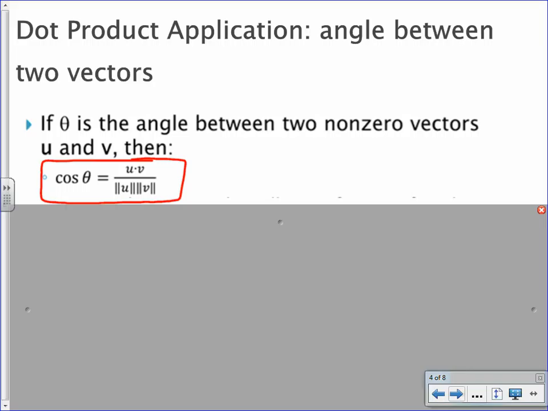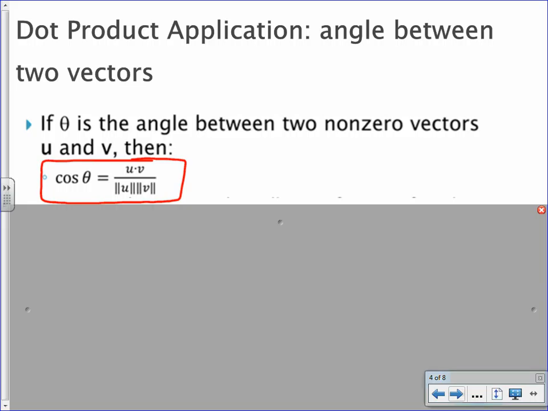Now, there's a couple of things that we need to realize about using this. The inverse cosine is only going to give you angles between 0 and what? 180. Remember, inverse cosine gets us angles in the first and second quadrant.